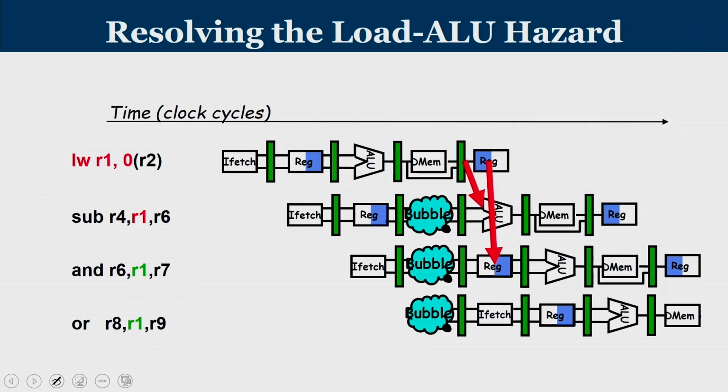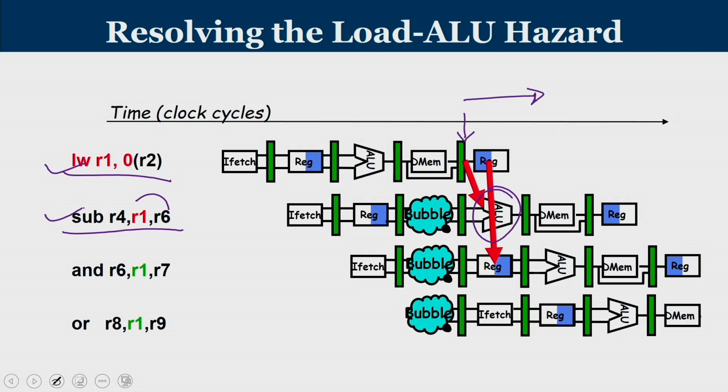So, what is the solution? For this load instruction, that operand is available at this point. For the subtraction instruction, the execution of R1 plus R3 can happen only after this point. So, the ALU operation has to happen only after the MEM stage of the load instruction is over.